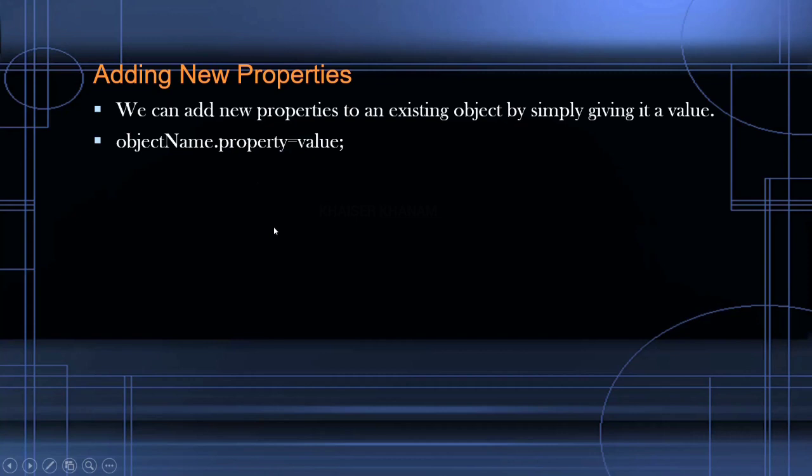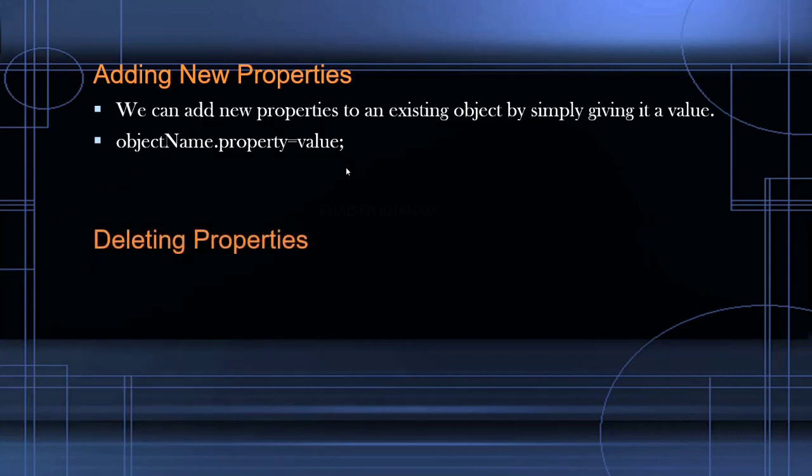As we have already seen, objects are dynamic in nature, which means at runtime we can add multiple properties inside that object. So I can write the object name dot the new property I want to add, equal to whatever value I want to assign to that property. Once I give this line, the new property will be added to our existing object. We will see this practically.